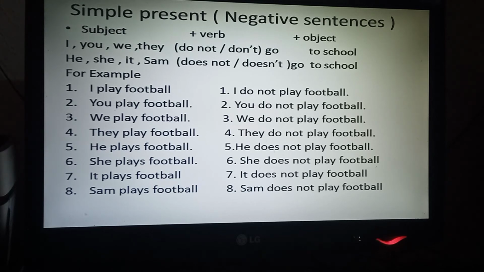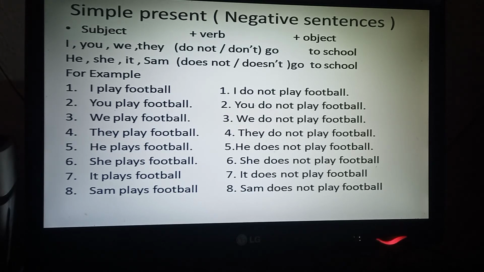For example, I play football, you play football, we play football, they play football, he plays. The third person we are talking about, at that time you are going to add s for plays. He plays football, she plays football, it plays football, Sam plays football.